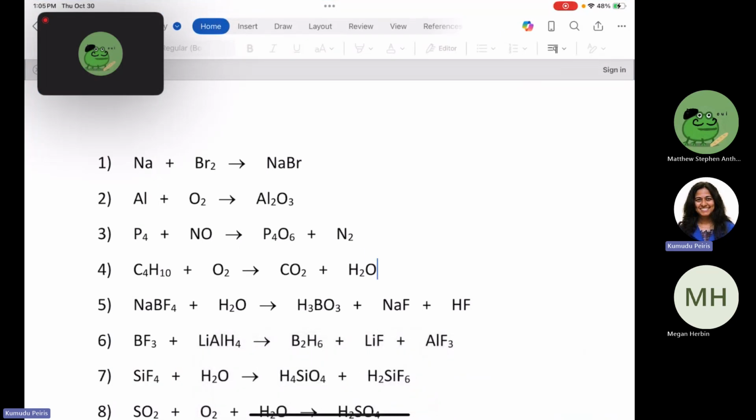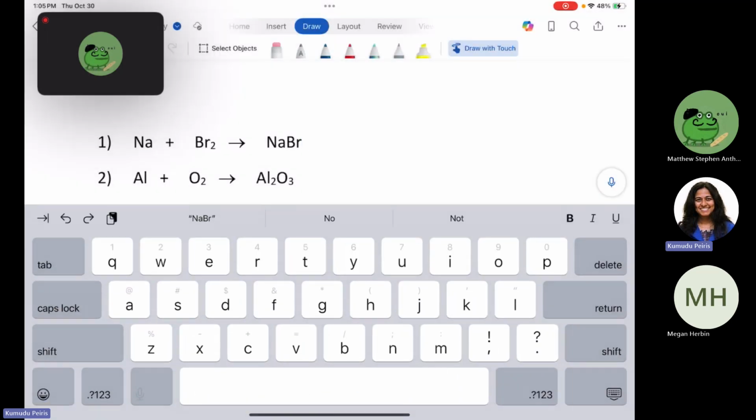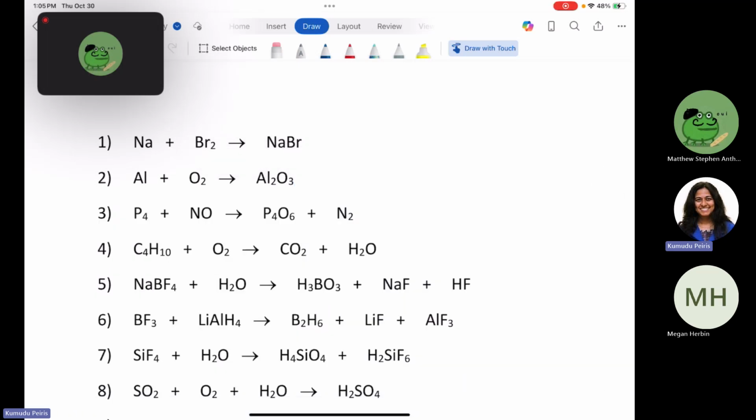Okay, first one, I'm going to talk about balancing the chemical equations, because in order to do other stoichiometric calculations, calculating the theoretical yield, percentage yield, the limiting reagent, we all should start with balancing an equation.